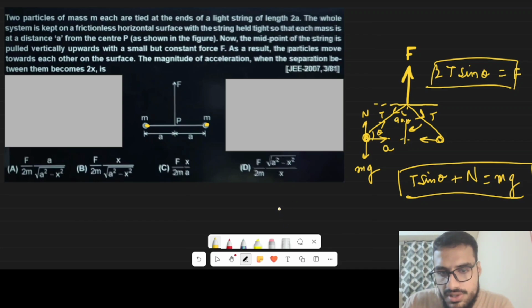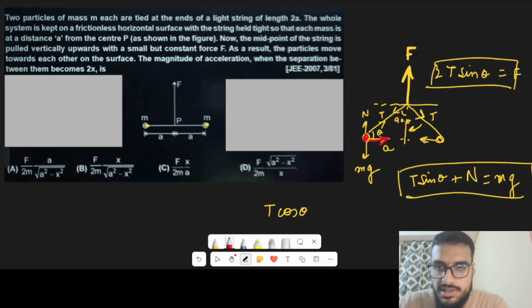And what are the forces in the horizontal axis? T cos theta is basically the only force that is pulling this mass towards this direction. Two masses towards each other, the only force acting in the horizontal direction is T cos theta. For one body, that should be equivalent to mass times acceleration, isn't that?